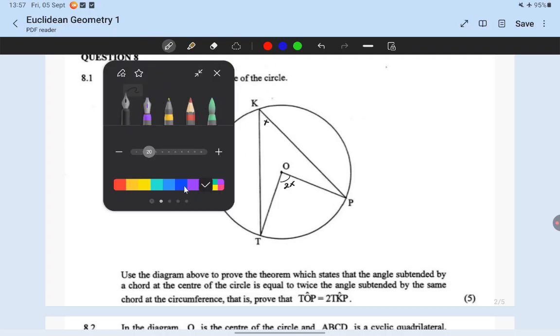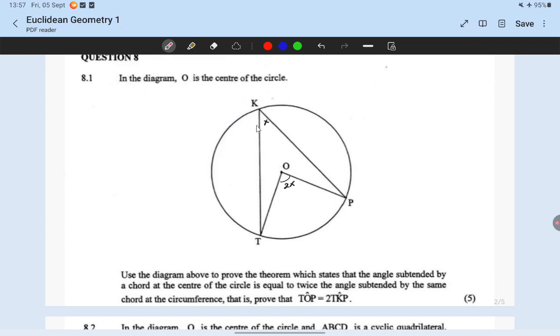So before proving any theorem, what you have to do first is to construct. And according to this, we construct a line from K there, passing through O, and then going to another point. You can call it maybe point Q there. And this will give us O1 and O2.